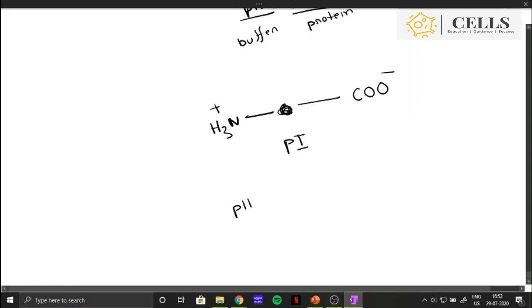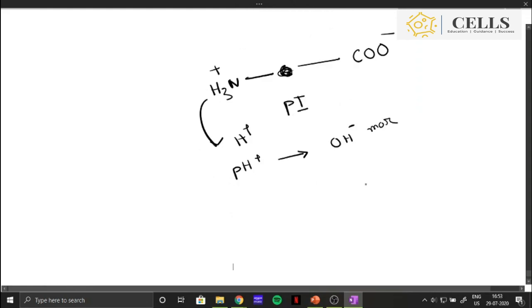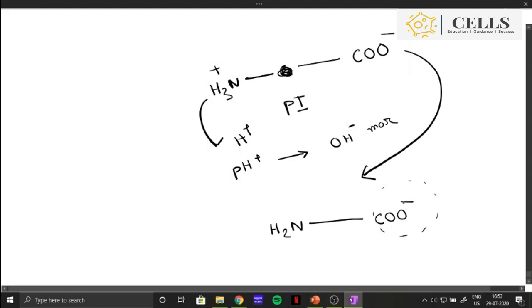Suppose when the pH is more, that is, it has a lot of OH negative ions, the protein releases an H plus, and the protein gets converted into NH2 and COO minus. So ultimately the protein is found in a negative charge. So when pH is greater than Pi, the protein is found in a negative state.